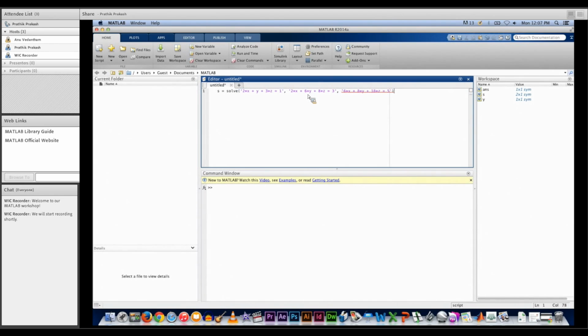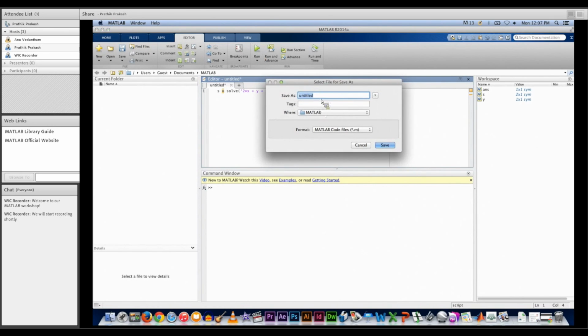So when you type solve of all this, s has 3 values. In case you want to run this, go to the editor window at the top, and once you try to run it without saving the file, you get a pop-up telling that the file is not saved and you will have to save it. Let's save it as system of equations.